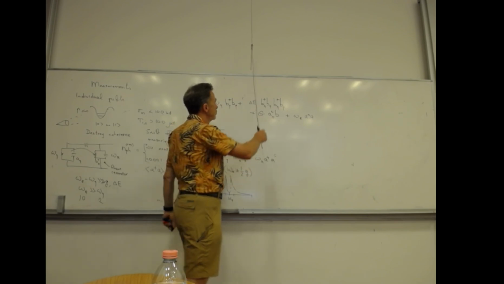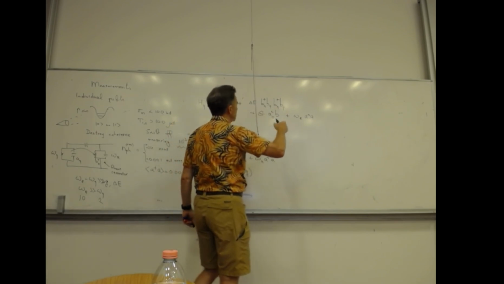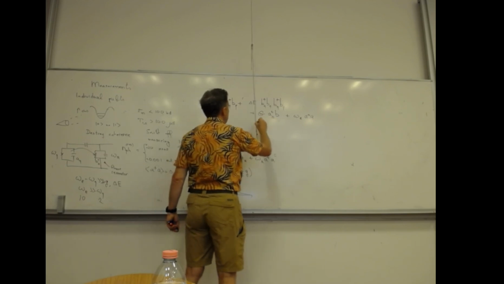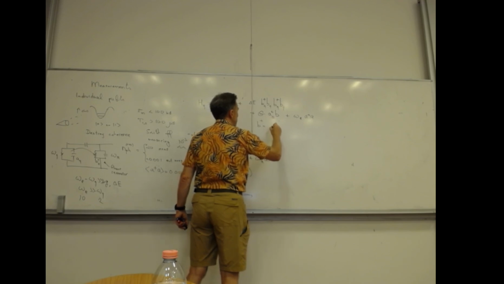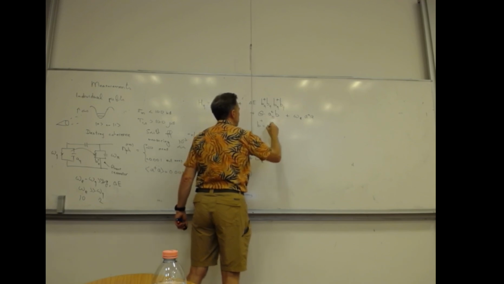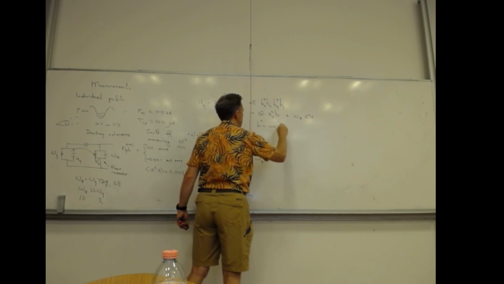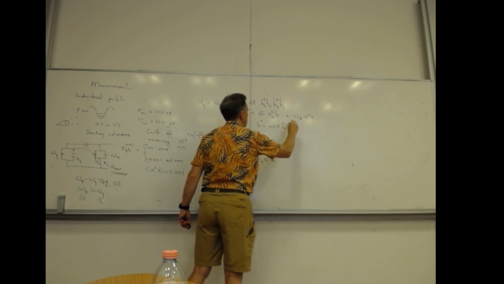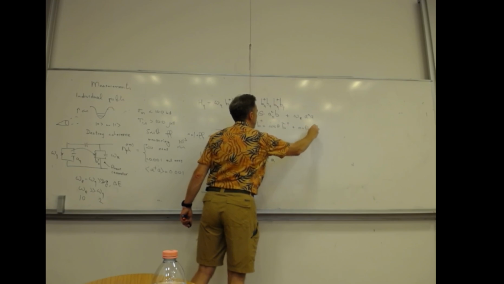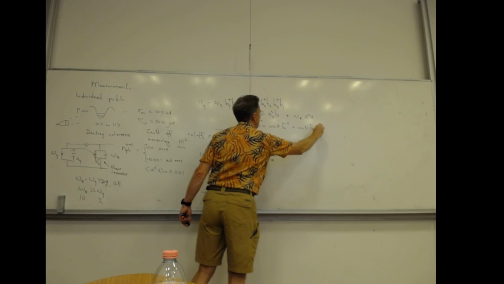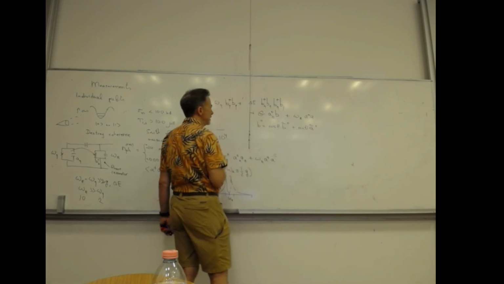And so after I diagonalize, B is equal to cosine theta B tilde plus sine theta A tilde, right? And the same for A.